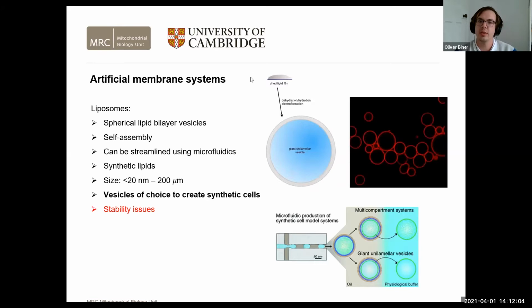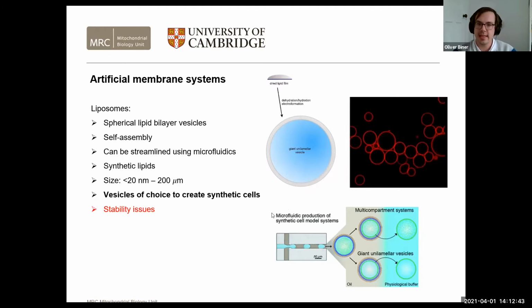You can not only use natural lipids, but you can also modify your lipids and use synthetic lipids to give the membrane different properties that don't exist in nature. Importantly, you can also adjust the size of these vesicles. You can produce anything between 20 nanometers and up to 200 micrometers, so from small virus-like sizes to cell sizes or the size of a big eukaryotic cell. And these are really the vesicles of choice to create synthetic cells.